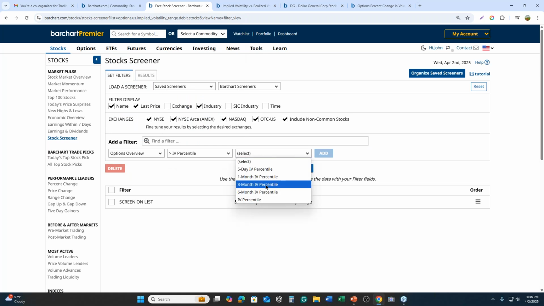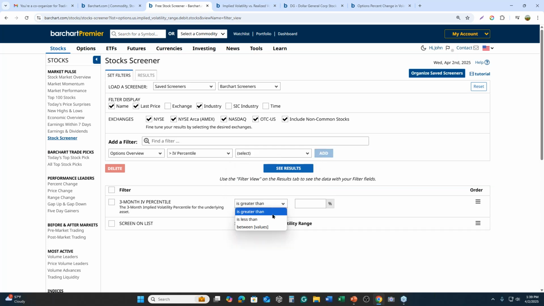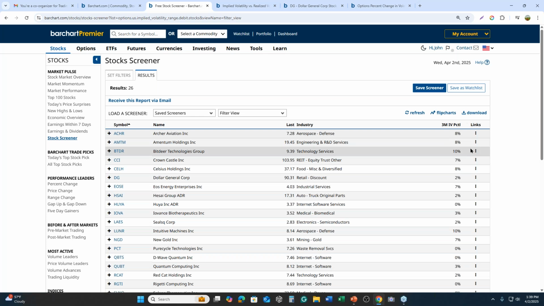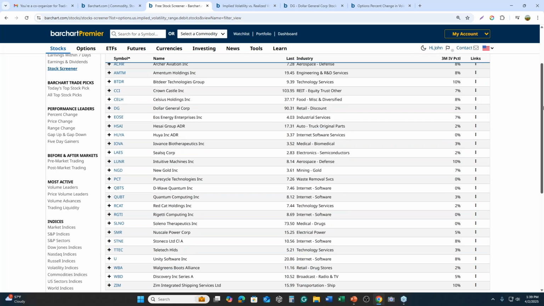And let's look at, let's say, our 3-month percentile. And again, I don't want to be greater than, I want to be less than 10%. So we'll say less than 11%. And so now we have 26 candidates that would fall under that criteria of both rank and percentile below 10%. And notice our Dollar General is here. So this would now become a candidate where we want to look to buy implied volatility.